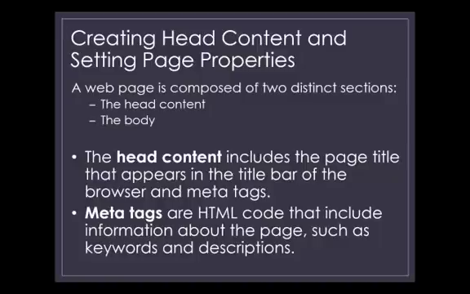So when a search is conducted by a user, let's say they go to Google, they type in the word resort, and based on the HTML content in our header, it will pull up the striped umbrella. Now, obviously, it's a lot more complex than that. The algorithms are very advanced, but you want to have that HTML code in there that gives your users information about the page, such as the keyword and description at the very least.